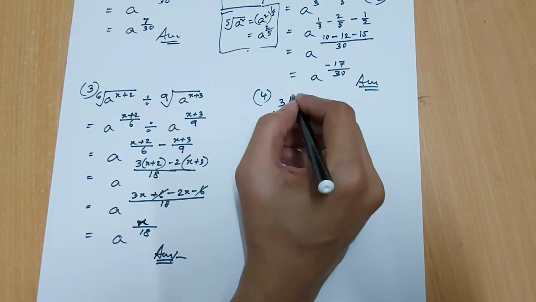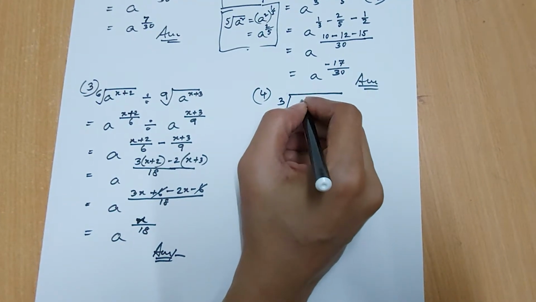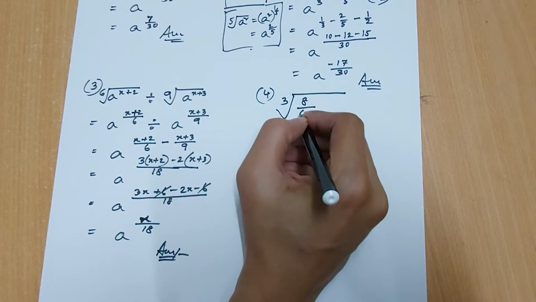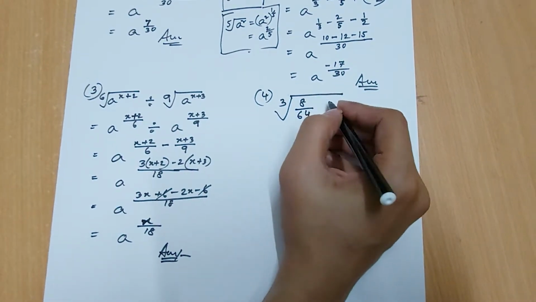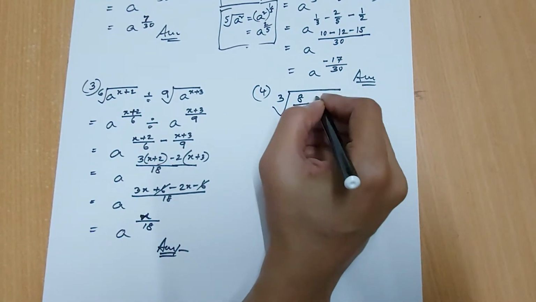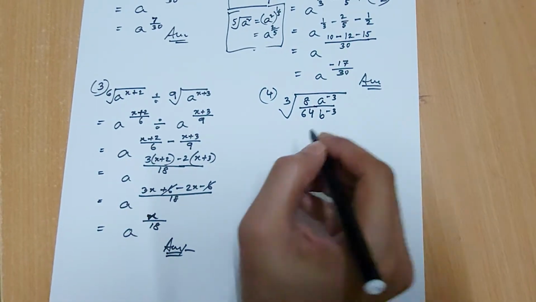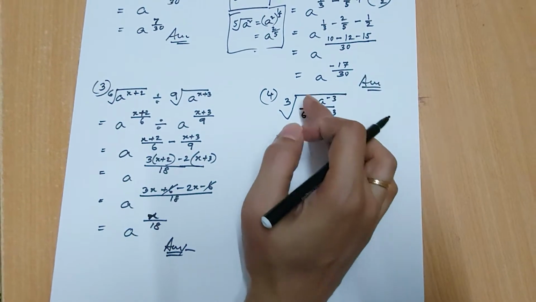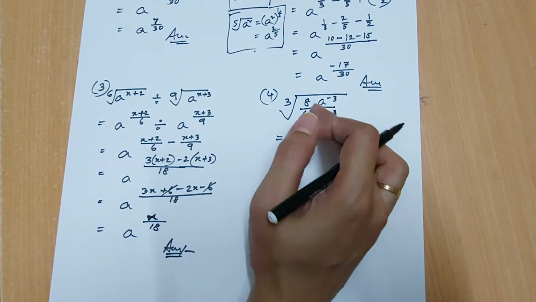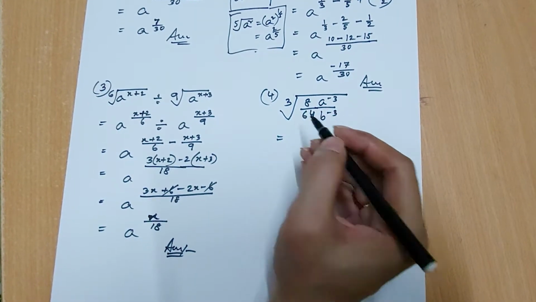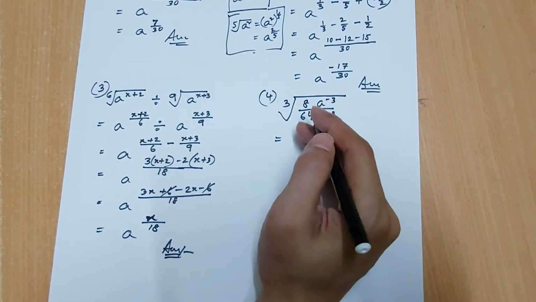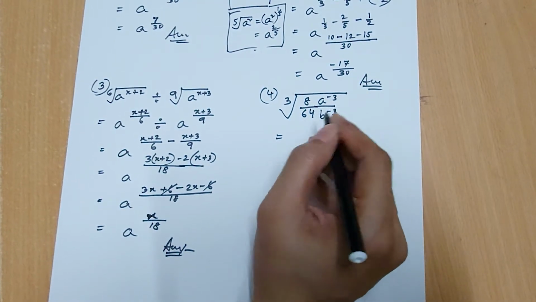Cube root of, here we have numbers also, 8 over 64, a power negative 3, b power negative 3. Here we have numbers also. So first I will separate the number from the variables.